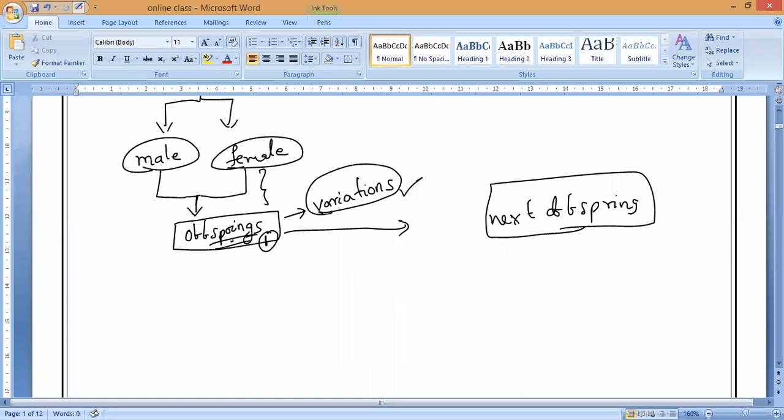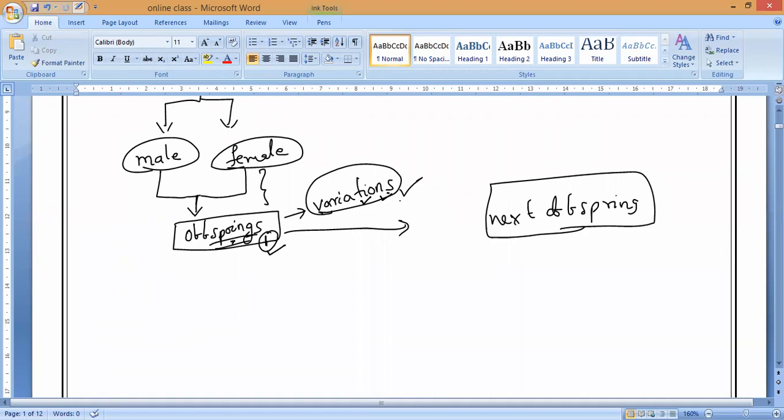They have some variations. Maybe they have more immunity, or they can resist high temperature, or they can survive in cold regions or hot regions. Like that, some variations occur.